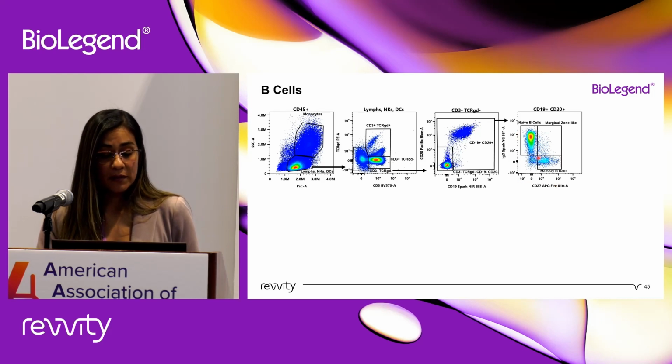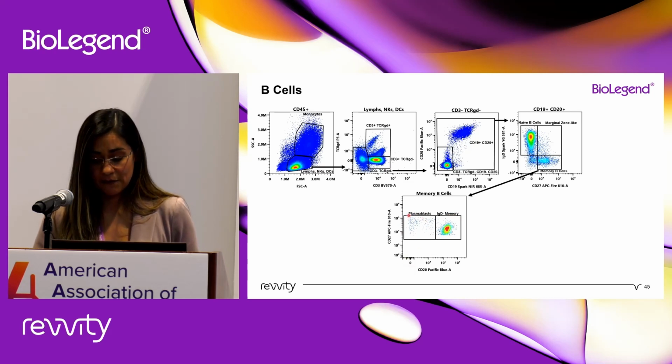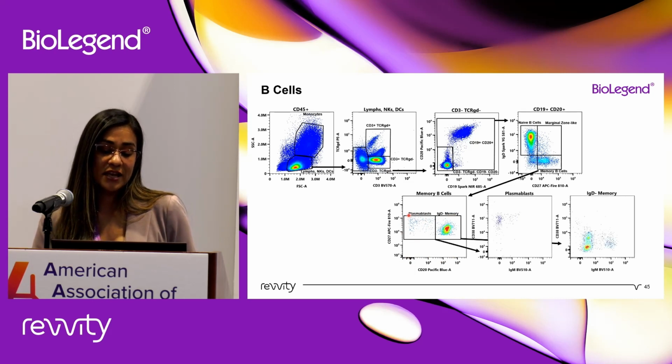From the memory B cells, we can identify the IgD negative memory B cells or the plasmablasts if we gate on CD20 versus CD27. And we can go even deeper and check the expression of IgM and CD38 in this population of B cells.